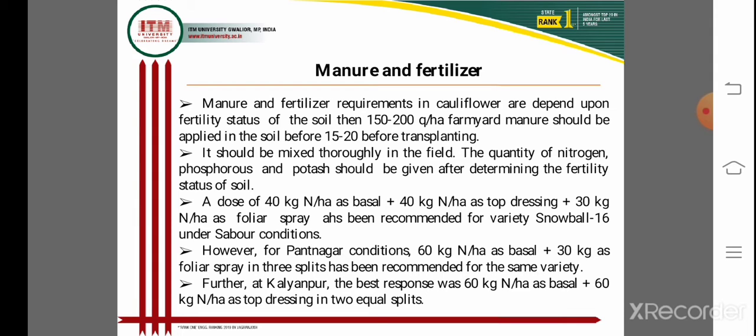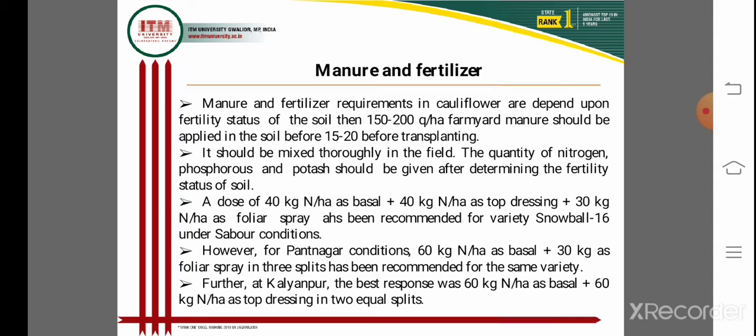Then different amounts can be used as per the requirement of the soil, determined by soil testing. It is important to give a good and healthy amount for soil health.